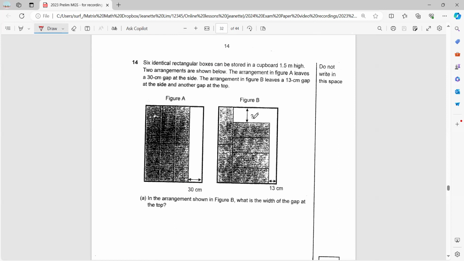Okay, so we have the length and the breadth. I mean, we don't have the length and breadth, but let's label them first. Length will be L, breadth will be B. L, L, L, L, B, L. And this is 150 cm.